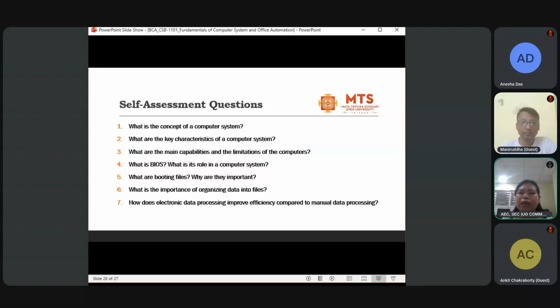The system BIOS does the same. It scans the overall system to check whether input and output are functioning well. If there is any error, like your microphone or screen not working properly, it will give you an alert signal. That's it. These are some self-assessment questions.